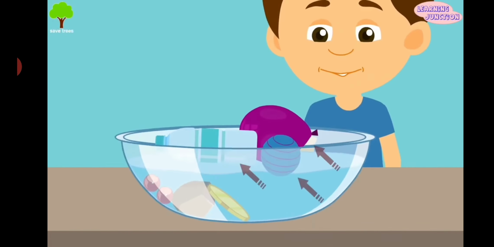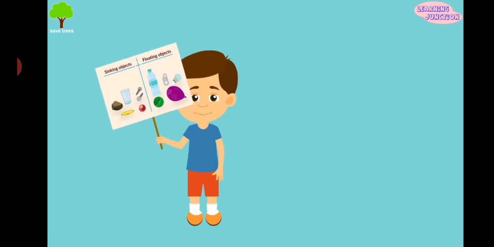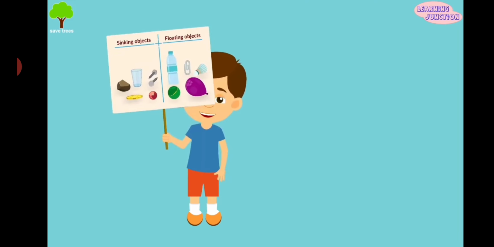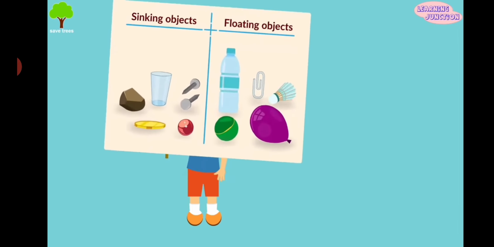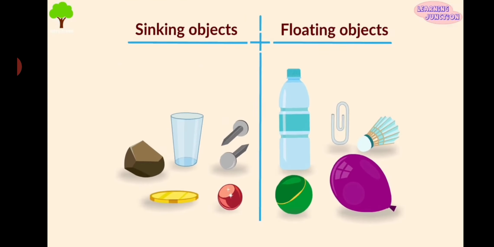They all float in water because the molecules are loosely packed in these. Can you show some objects that sink and some objects that float? Yay! Some sinking objects are coins, iron nails, glass, stone and marble, and other things. Some floating objects are bottles, paper clips, cork, plastic balls, and balloons.